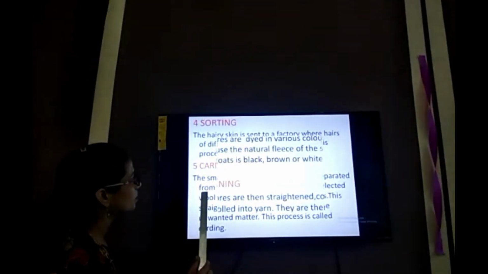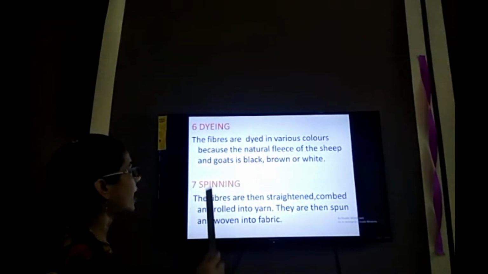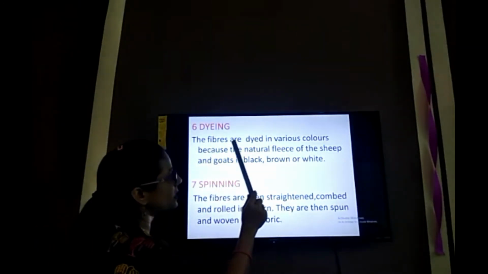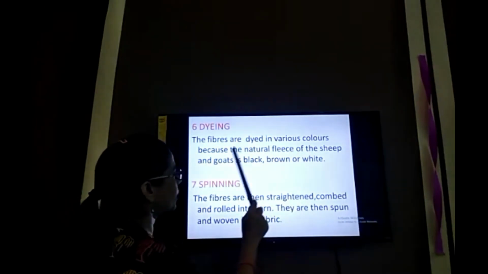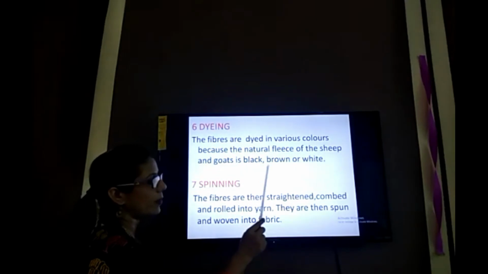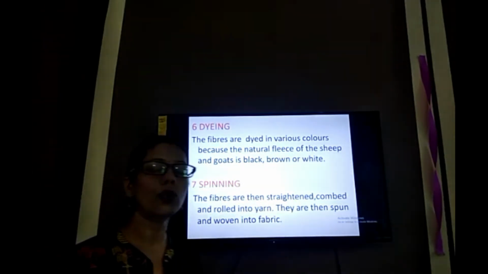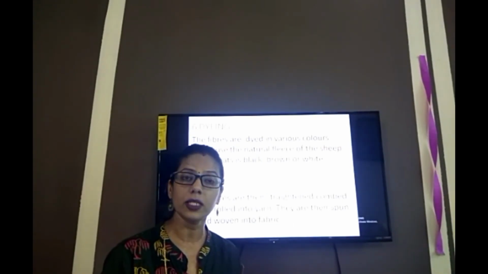The next step in this process is dyeing. In this step the fibers are dyed in various colors, because the natural fleece of the sheep and goats is black, brown or white. Dyeing means providing colors to the fiber.